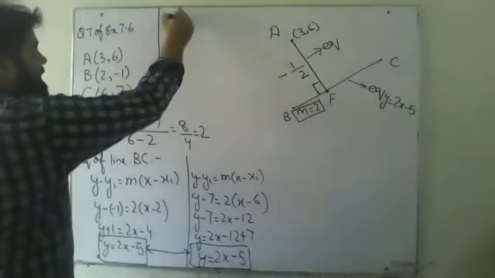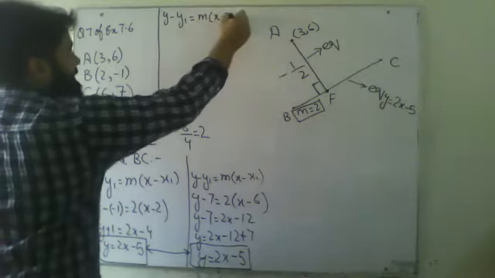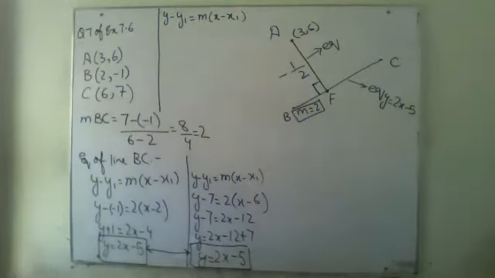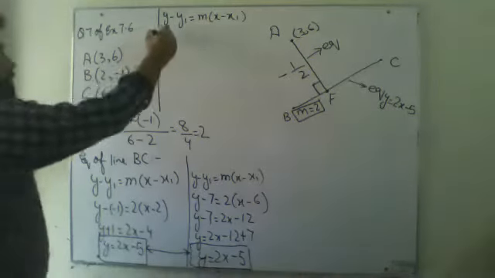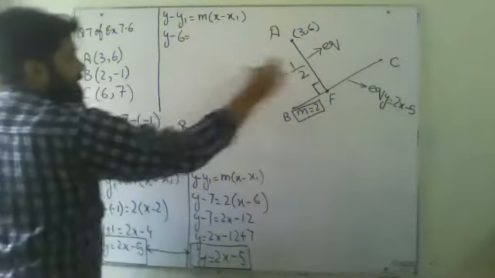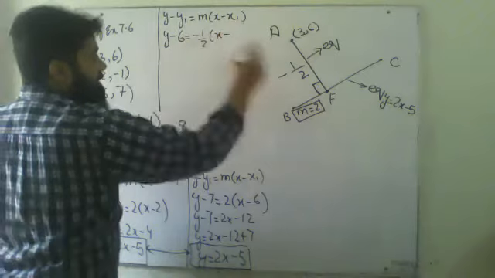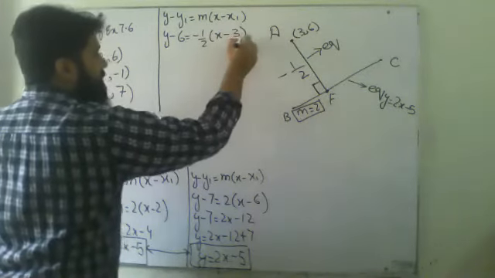So y minus y1 equals m times x minus x1. Again, it's your choice, whatever you want to use. So y minus y1 will be 6, m is minus half, x minus x1 will be 3.